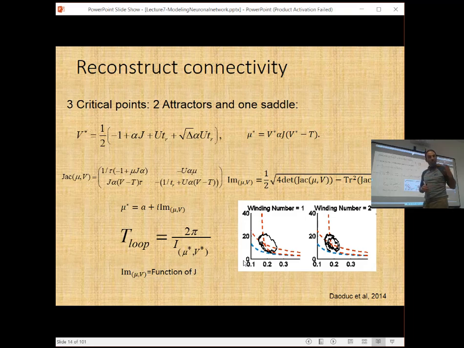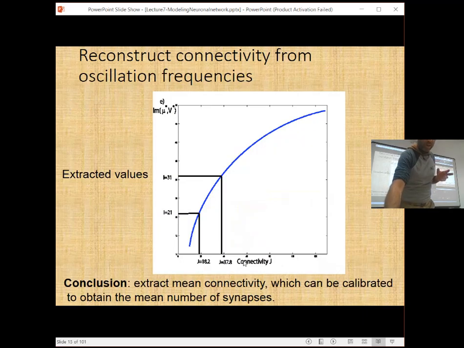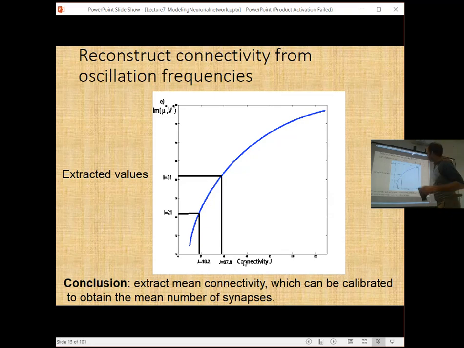In other words, if you change the connectivity of a network, it should be reflected in the rate of oscillation that you see in this upstate. Which is interesting because you have something here to relate oscillation, which is a time series effect, to the property of your underlying connected network.